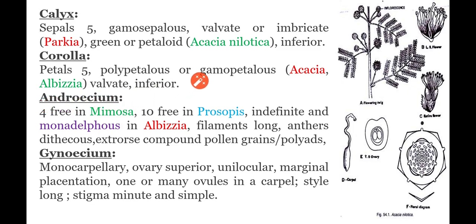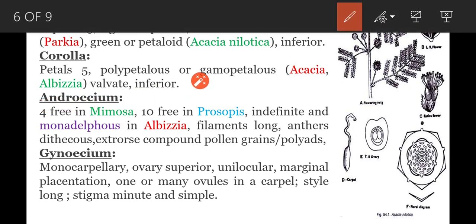Next, androecium. Generally, stamens are 4 in number in Mimosa pudica. In Mimosa, only 4 stamens are present. 10 stamens are present in Prosopis and numerous stamens are present in Albizia. Indefinite and monoadelphous. They all join together to form a bundle, monoadelphous androecium, that is found in Albizia.